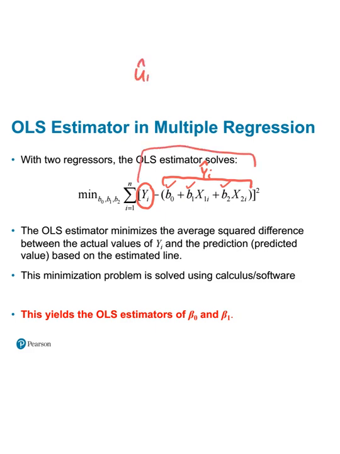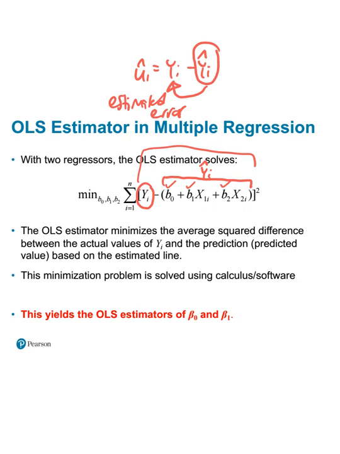Remember, ui hat is equal to yi minus yi hat. So this is the estimated error term, or the estimated residual. Effectively, how far is our estimate yi hat away from our actual observation? Our goal is to minimize that number. I want my prediction yi hat to be as close as possible to our actual observation of yi.